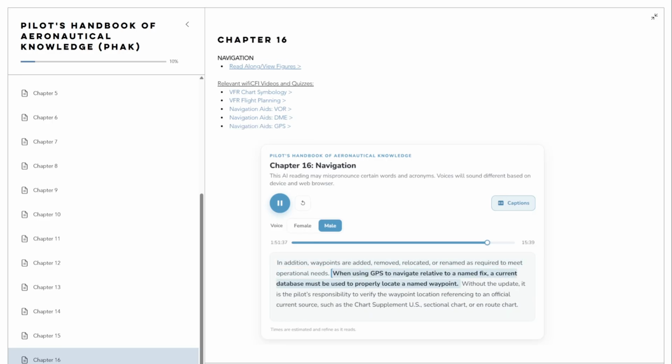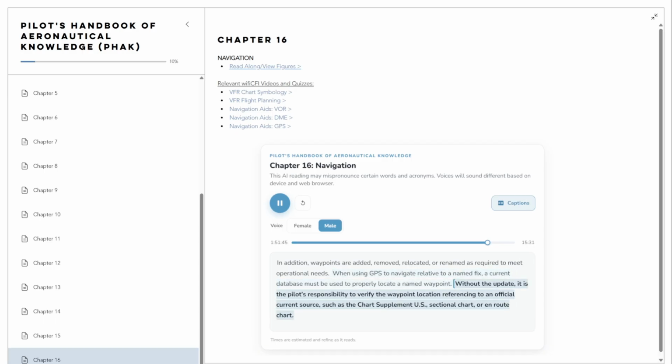When using GPS to navigate relative to a named fix, a current database must be used to properly locate a named waypoint. Without the update, it is the pilot's responsibility to verify the waypoint location referencing an official current source, such as the chart supplement US, sectional chart, or en route chart.